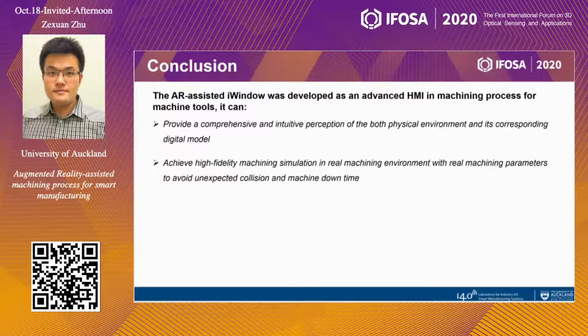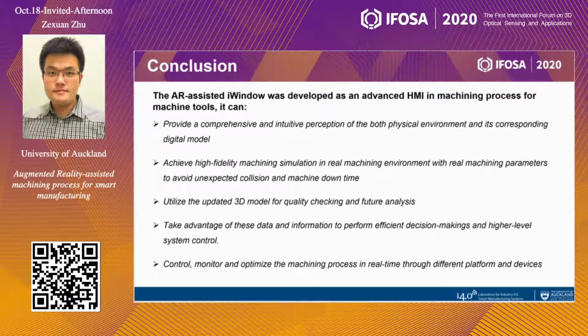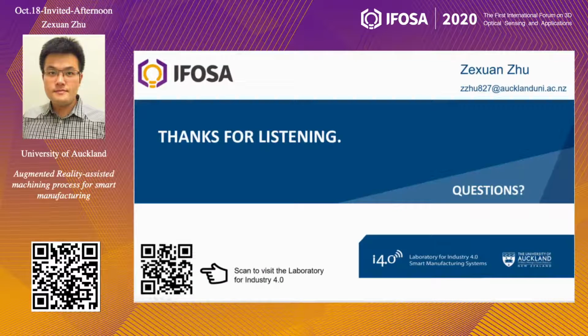It will utilize the updated 3D model for quality checking and also future analysis. It will take advantage of this data and information to perform efficient decision making and higher level system control. And finally, it can control, monitor, and optimize the machining process in real time through different platforms and devices. That's all for my presentation today, and thanks for your attention.